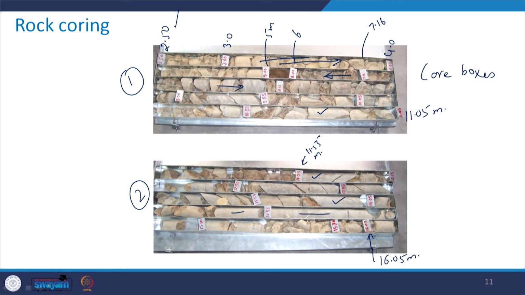So depending upon the situation in the field below the ground, what the discontinuities are, where the joints are, every piece of information one can get from these core boxes. When these core boxes are brought to the lab, we need to study them very carefully.